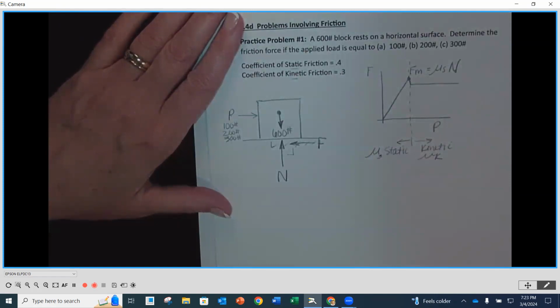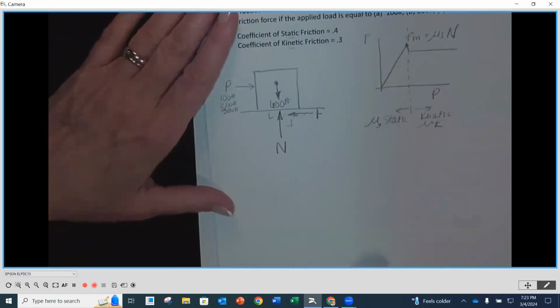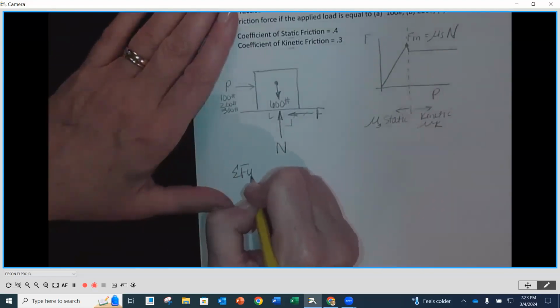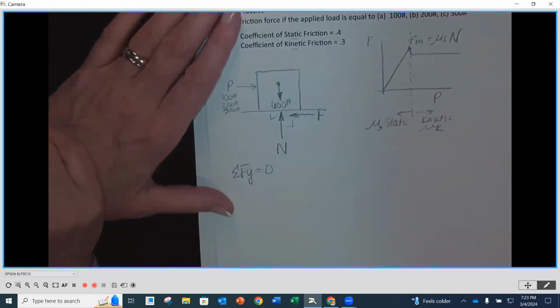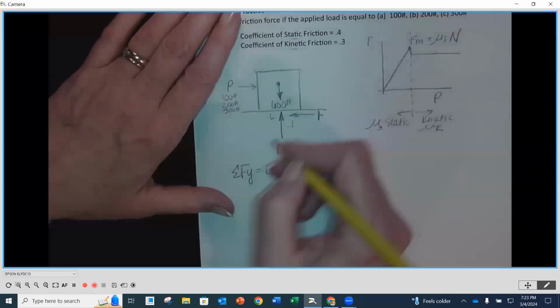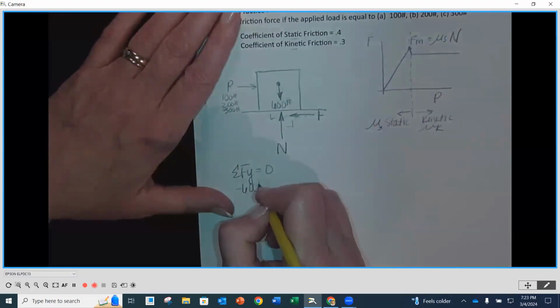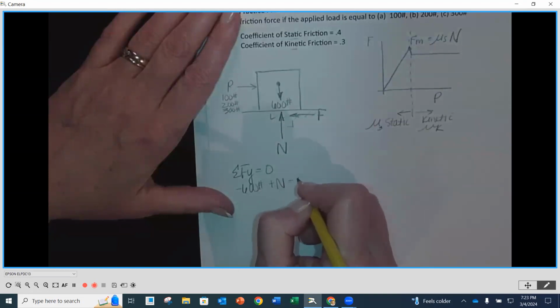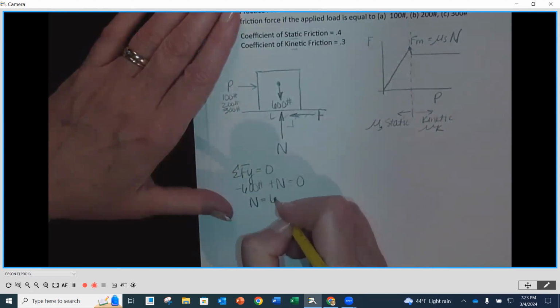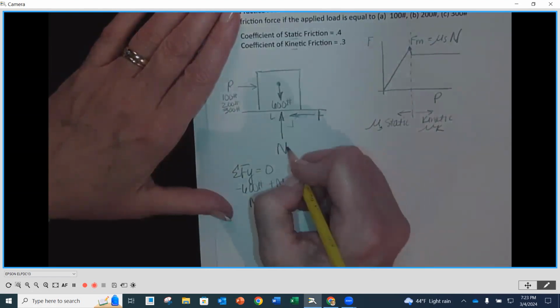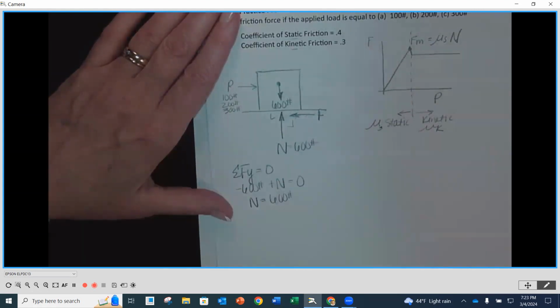So as we look here, we can sum our forces in the y direction equal to 0, because we know it's in equilibrium, to determine what our normal force is. So we have negative 600 pounds plus N equal to 0. We move that 600 to the other side. The normal force is going to be equal to 600 pounds. So we know that value.